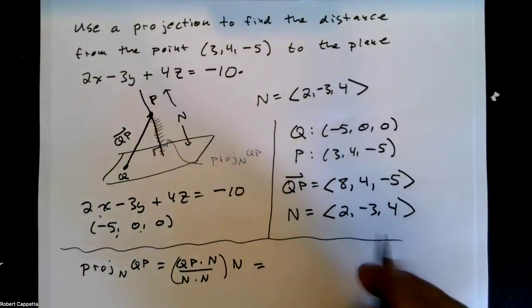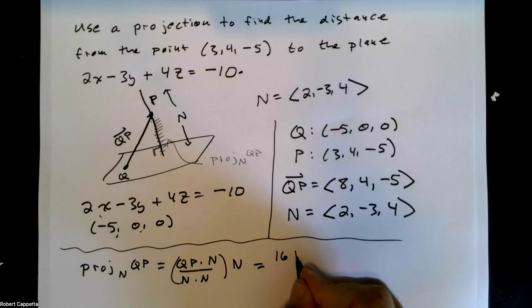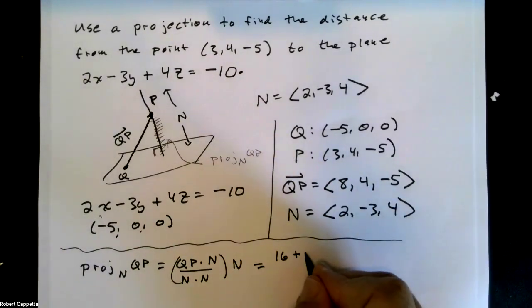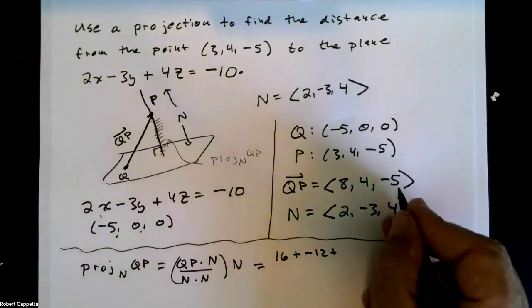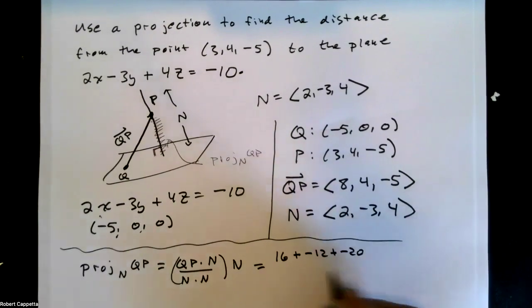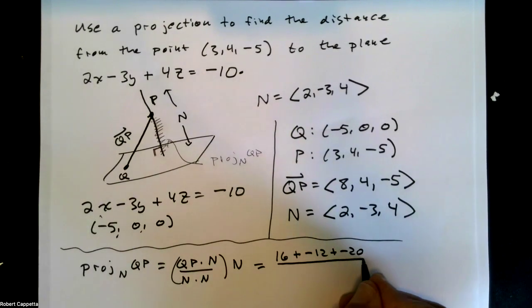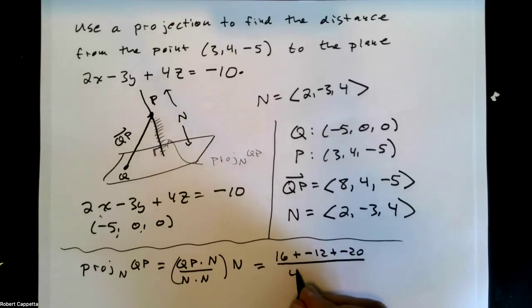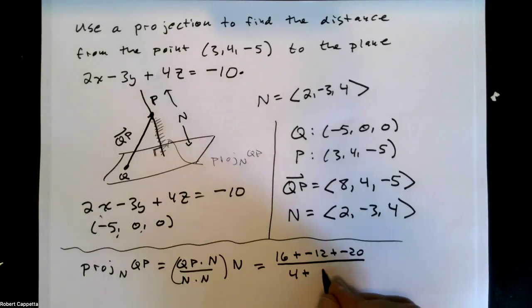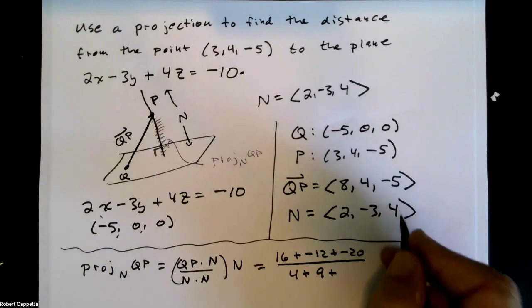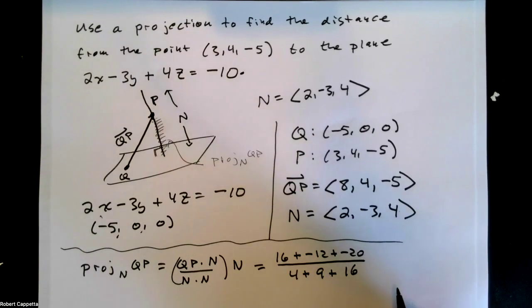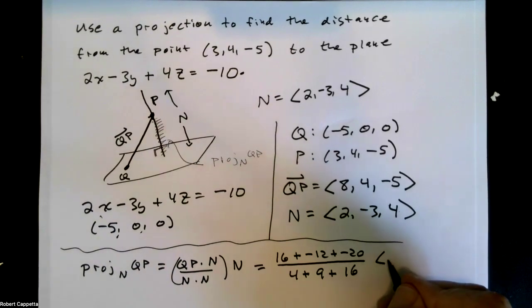QP dot n, 8 times 2 is 16. Plus 4 times -3 is -12. Plus -5 times 4 is -20. Over n dot n, 2 times 2 is 4. Plus -3 times -3 is 9. Plus 4 times 4 is 16. Times n, which is 2, -3, 4.